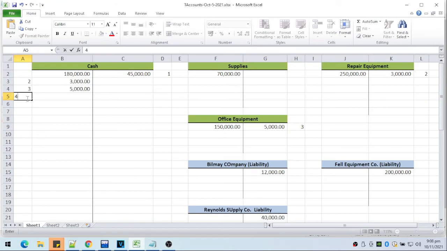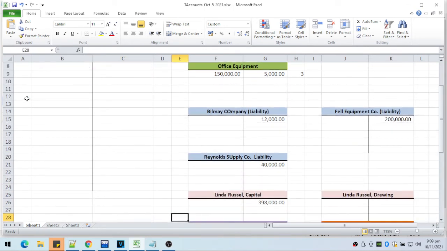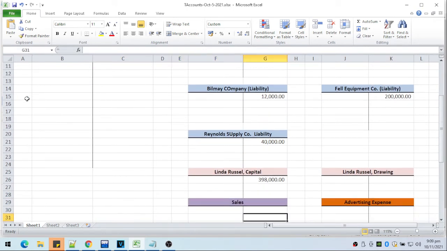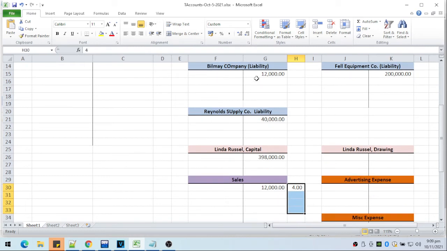So transaction number 4, we have 12,000 cash, and we have sales on the credit side amounting to 12,000. So that's transaction number 4.